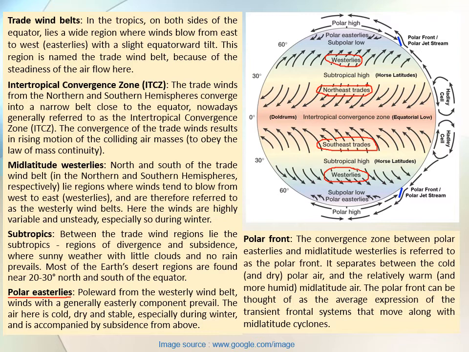They named the regions the roaring 40s, furious 50s, or screaming 60s, for the high velocity winds found to occur at different latitudes like 40°, 50° and 60° in this subpolar low pressure zone.